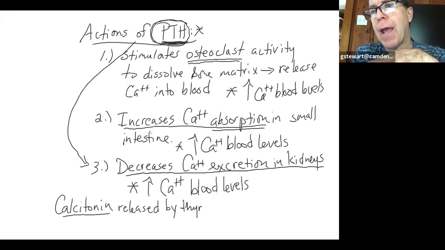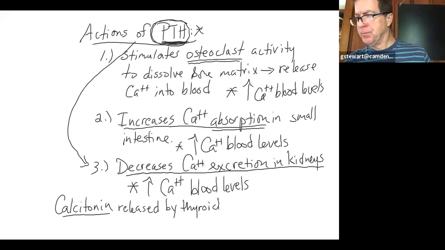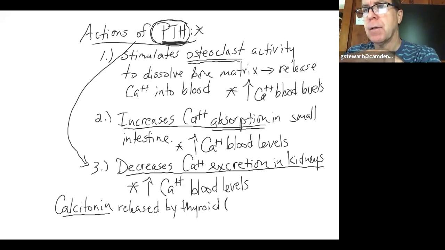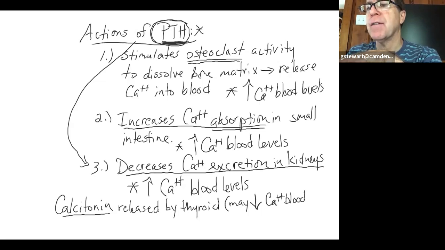We think it has minimal effect, but it may decrease blood calcium levels, so I'm just going to write in parentheses, may decrease. It's not nearly as effective as parathyroid hormone.